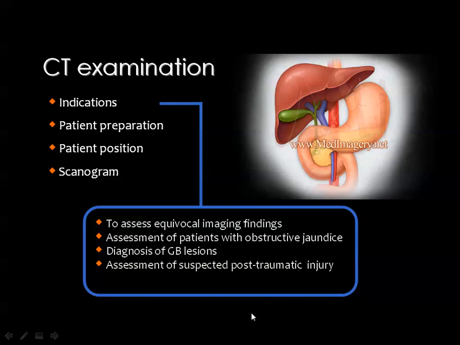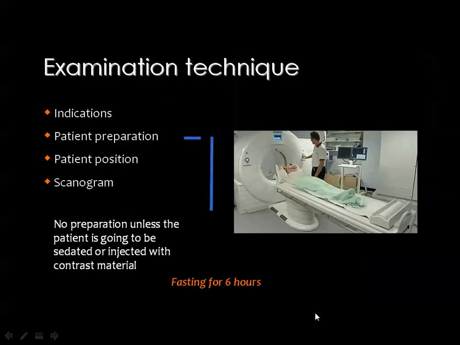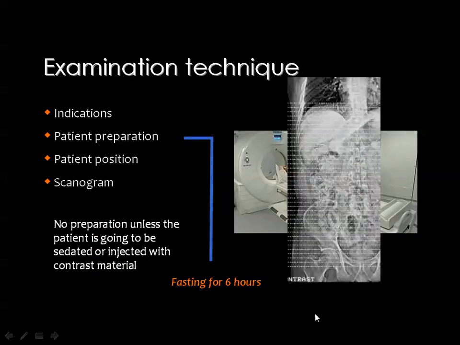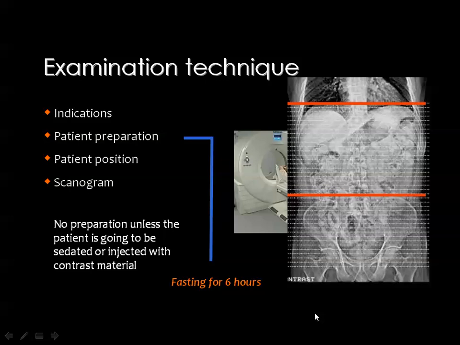But whenever we need the CT scan, we may do some preparations, such as giving the patient some oral contrast media, and we usually also need to inject the patient with intravenous contrast. The area of the gallbladder corresponds to the area of the liver as well, and we scan the abdomen from the level of the diaphragm to the level of the iliac crest, covering the area of the liver and the gallbladder.